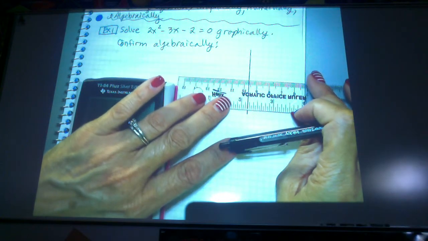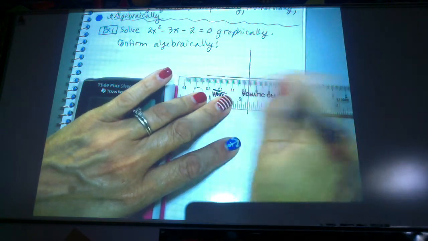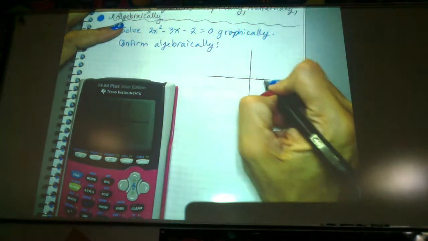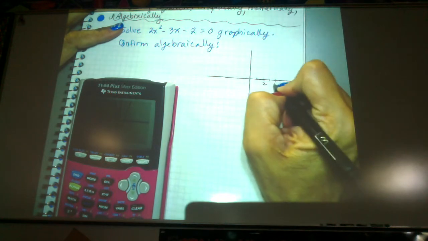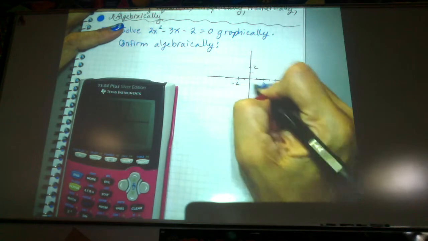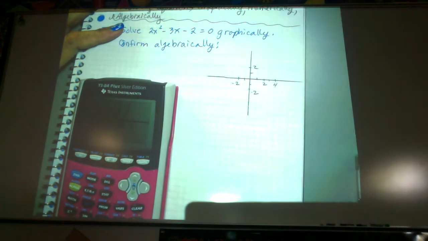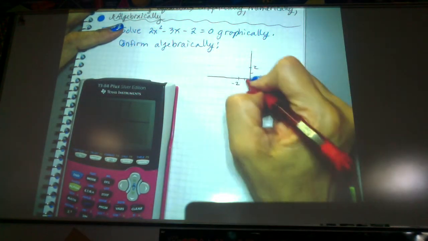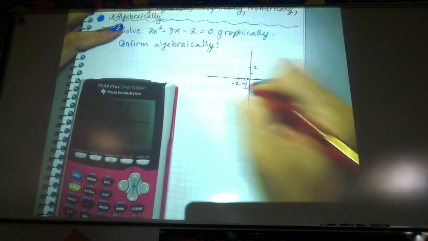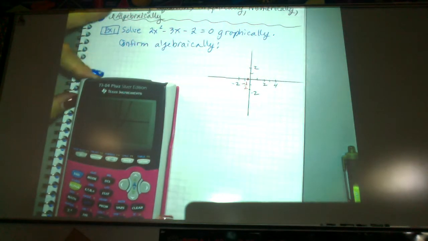So based upon our first 0, I know that the first 0 is at negative 1/2. So negative 1/2 would be right here. And I want to label it as negative 1/2 or 0.5 since it is on the calculator.